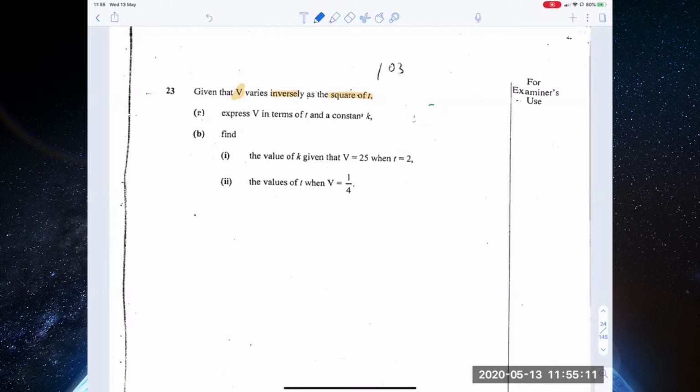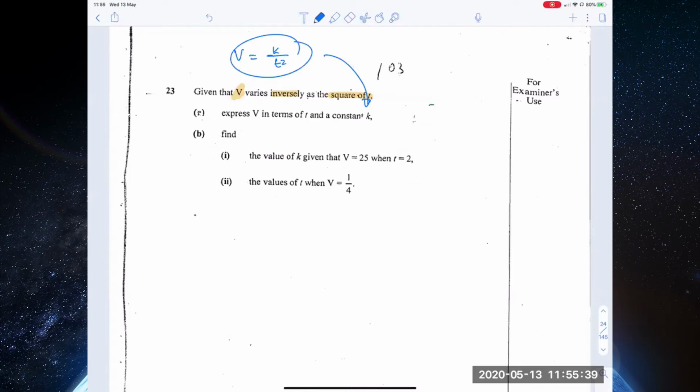V is equal to k over t squared. Well done. So that's the answer to this first part. What if it varies directly?